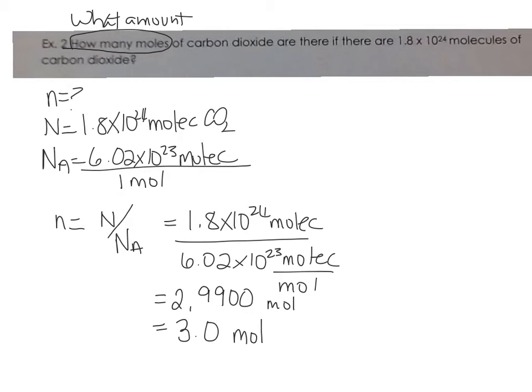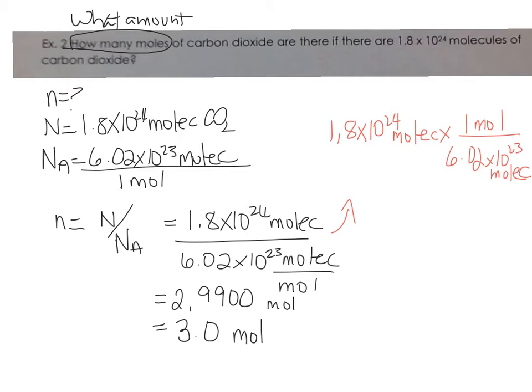Two sig figs in your answer because 1.8 times 10 to the 24 only has 2. So dividing by a fraction is the same thing as multiplying by the inverse, the flipped over fraction. So here, molecules would have canceled. Your final unit is mole. Here, molecules cancel. Your final answer is 1 over mole. So mole is your final unit.